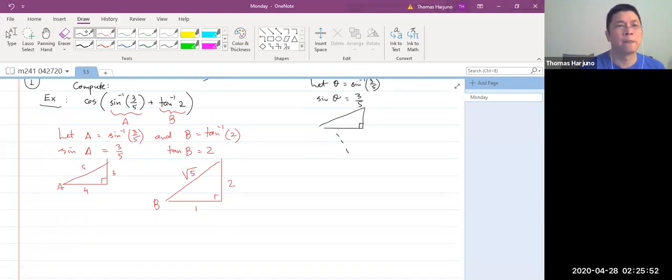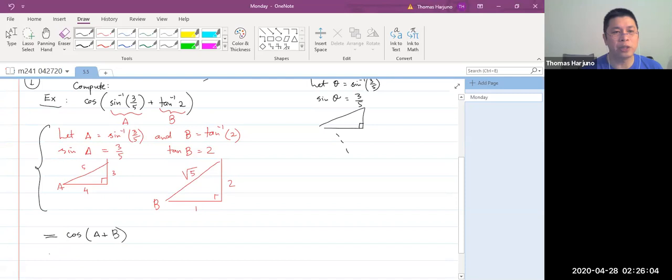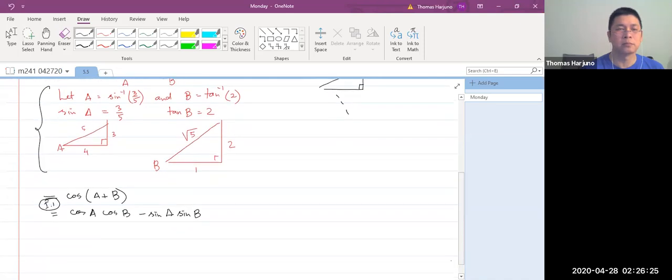Now, using that, we will get cosine of A plus B, which according to the formula is cosine A cosine B minus sine A sine B. And then we plug it in. What is cosine A? 4 over 5.